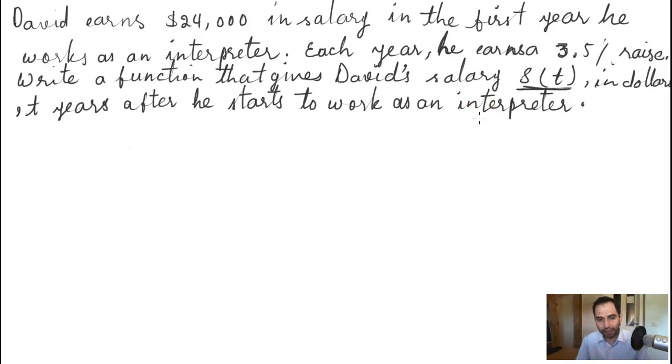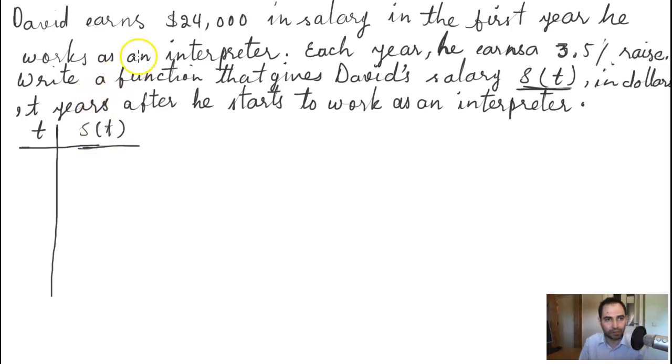To understand the nature of the problem, it's always beneficial to form a table. Of course, this is a simple case, and from the nature of the case you can tell that it's an exponential function, but it doesn't hurt to create a table first. So here you have t in years and s of t in dollars.